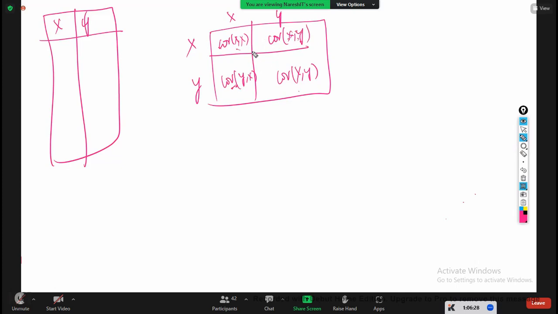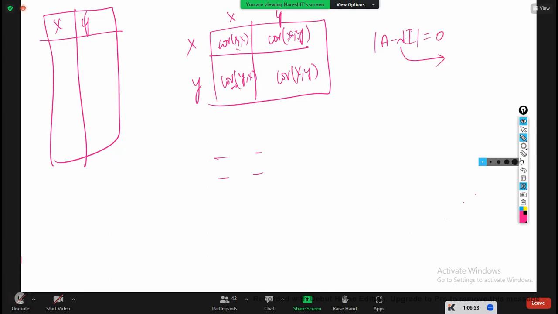Now, here I'm having the total 4 values. For these 4 values, that is the 2 by 2 matrix, I'm going to apply det of A minus lambda I is equal to 0, where this lambda is the eigenvalue.